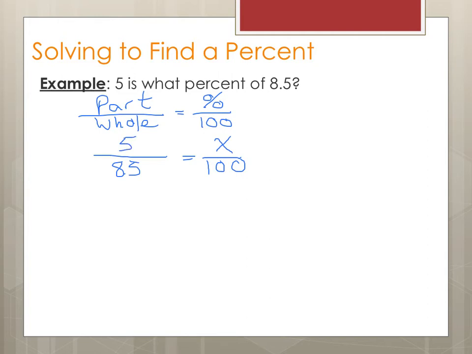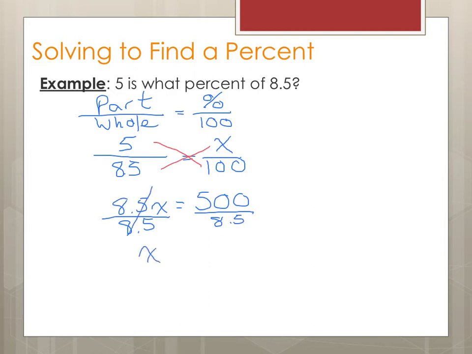Okay, so now we can solve. We'll cross multiply here and get 8.5x equals 5 times 100, or 500, and we'll finish by dividing both sides by 8.5. This will cancel and we're left with x on the left, and then 500 divided by 8.5.